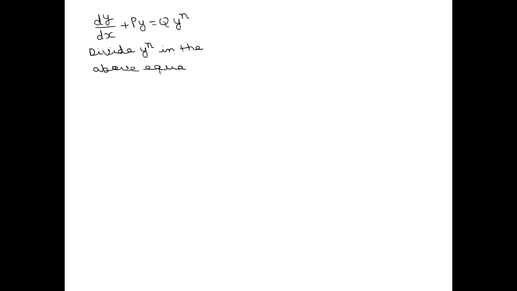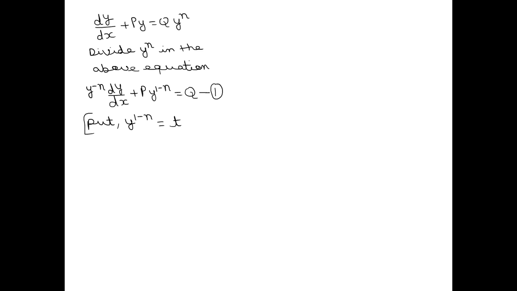So the equation becomes y raised to the power minus n dy by dx plus p y raised to the power 1 minus n equals to q. Let's suppose this is equation number 1. Now put y raised to the power 1 minus n equals to t.